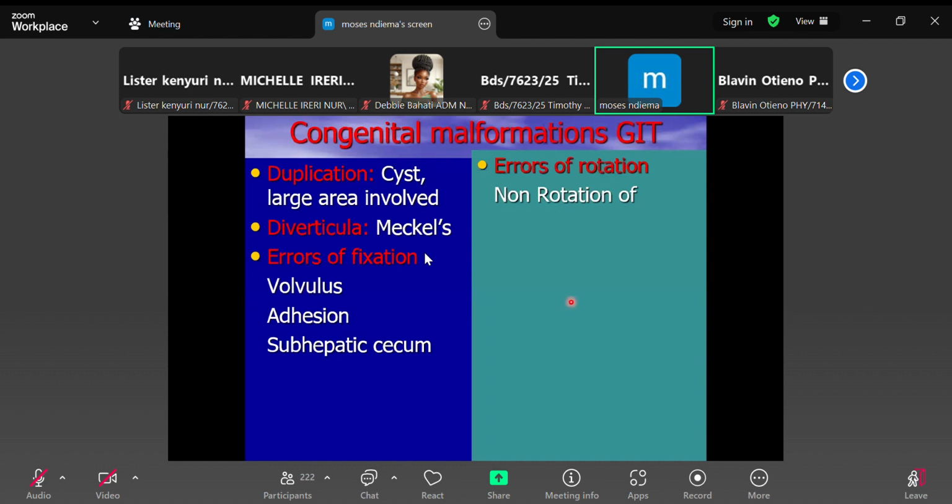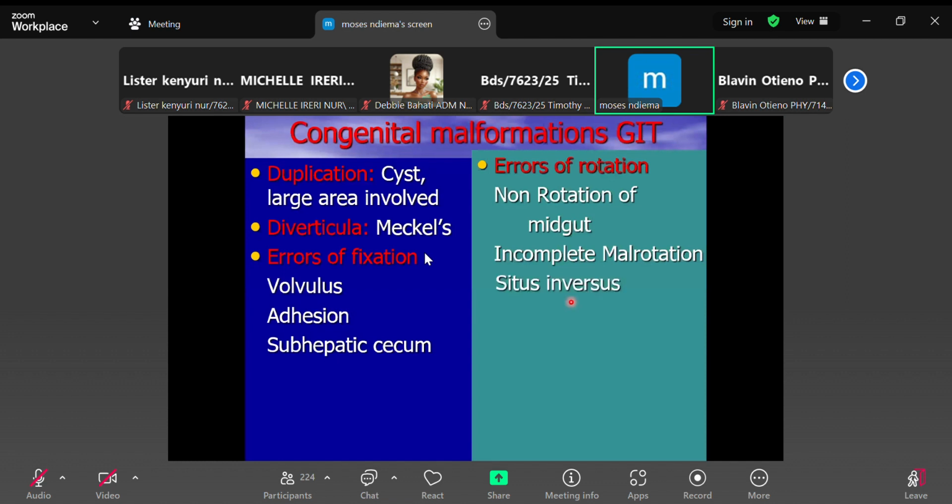So sometimes the gut fails to rotate. Then we can have incomplete rotation, or malrotation. Instead of the 90 degrees or the 270 total degrees, it might be less than that. So some of the structures will not be in their normal locations in the adult as a result of this.